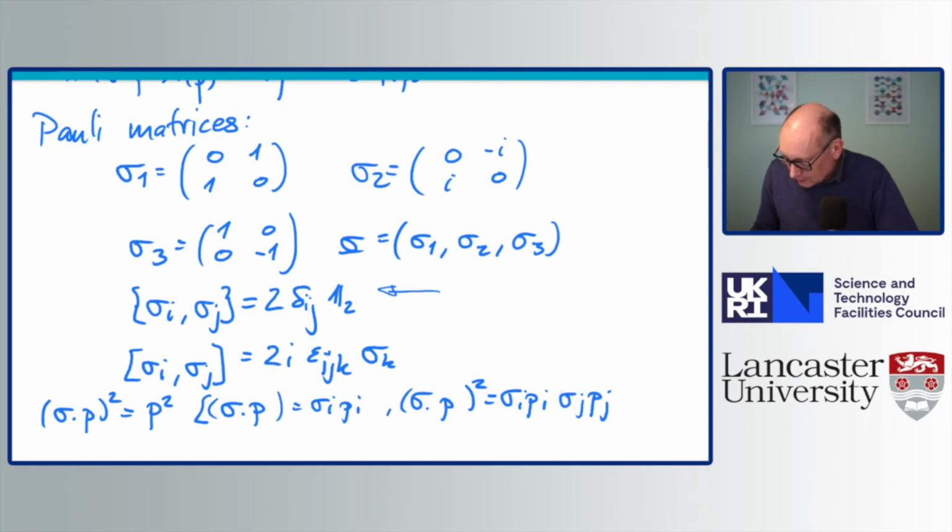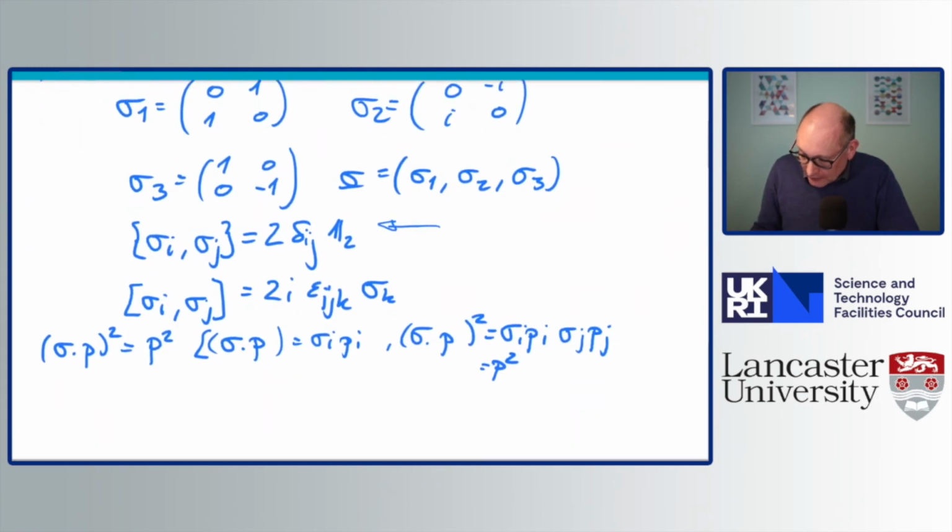But this is all index notation, so we can commute things here, and what we get is that sigma i sigma j is half delta ij, right? So we only get a contribution from sigma i sigma j when i and j are identical. We only have it once, and then we get the identity, so we get p squared. Good.